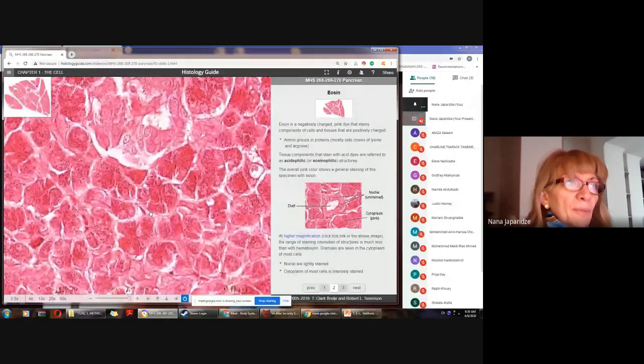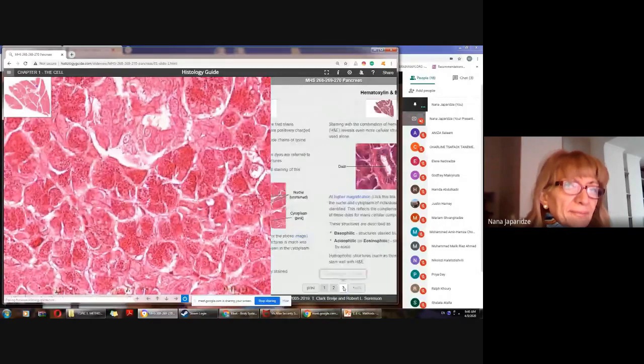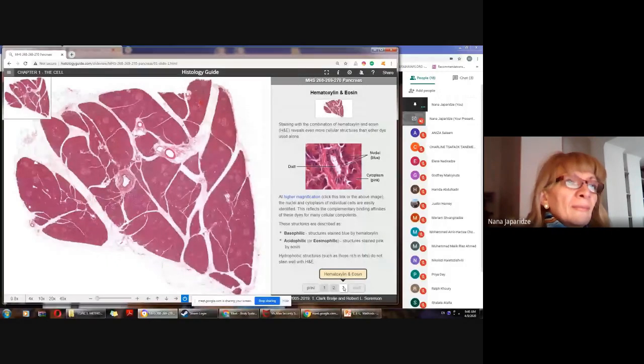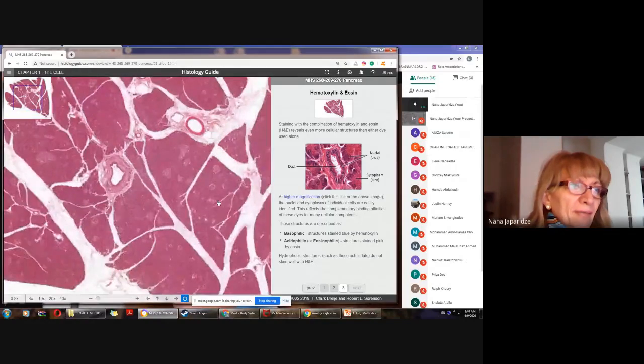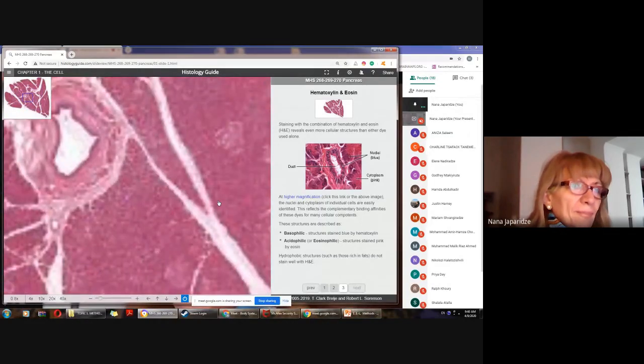But if we use these two types of staining, basophilic and eosinophilic, I think the picture is much more interesting and much more informative. What I mean, you will see after I magnify the image.